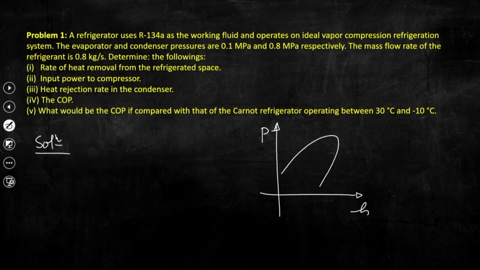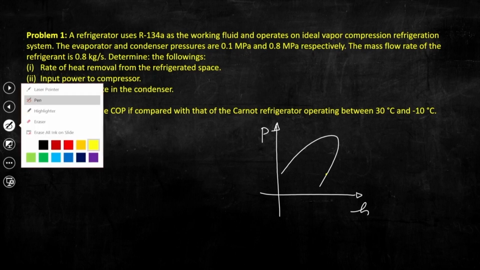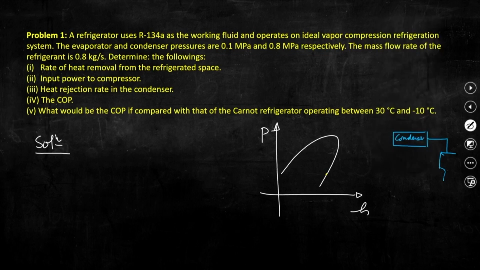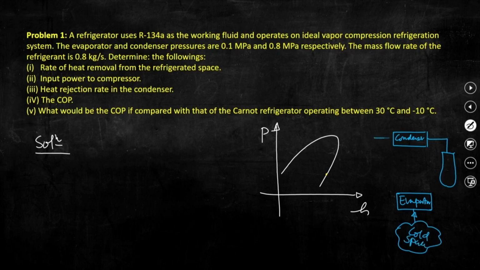So, now as I mentioned, if we try to draw the schematic of this particular cycle, this is the condenser, this is the evaporator, extracting heat from this cold space, and that is the throttle valve.